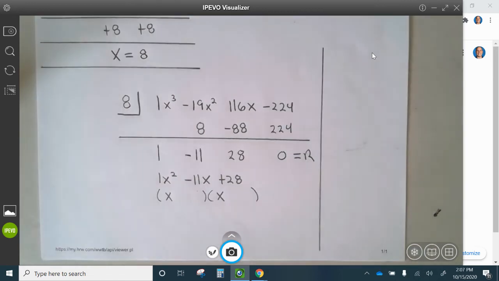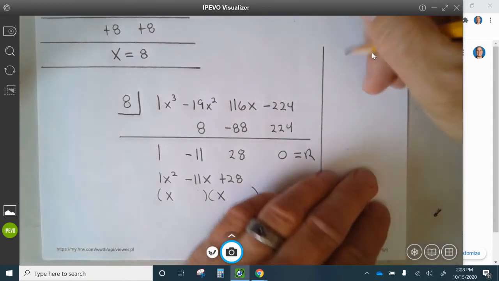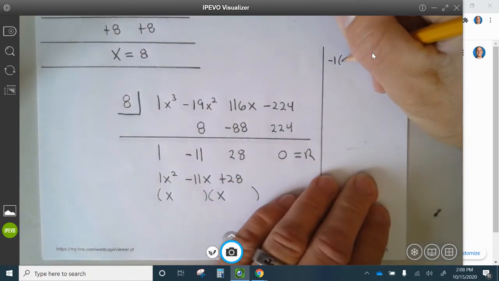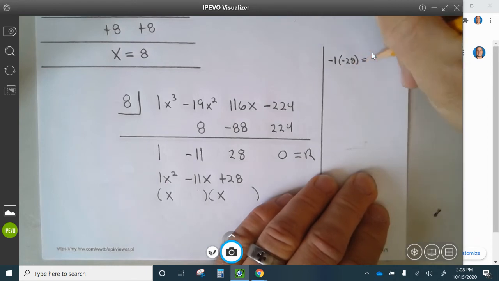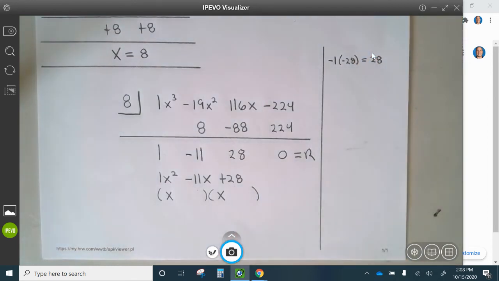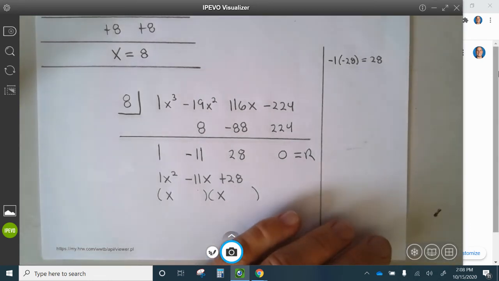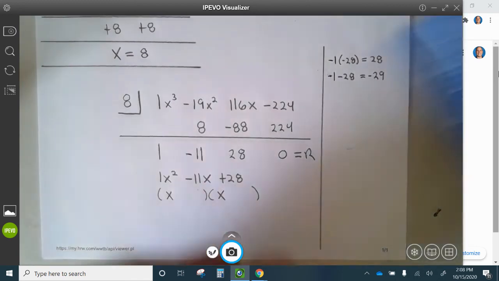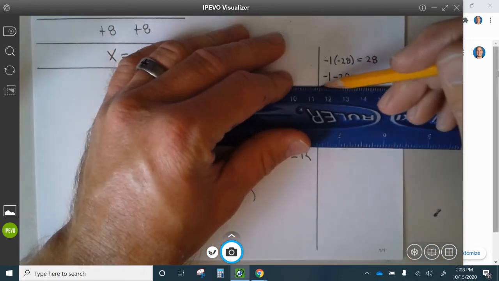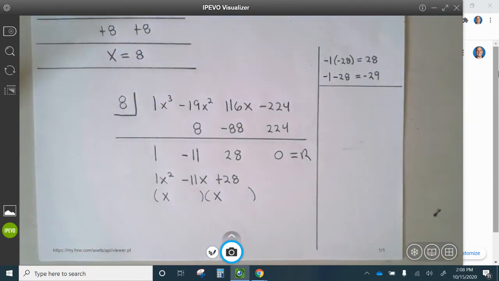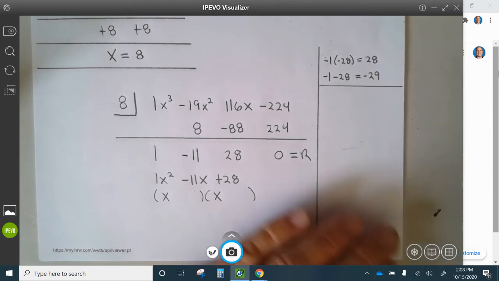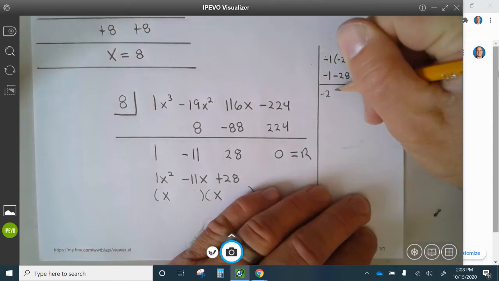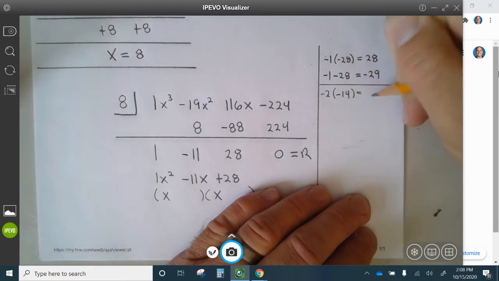Let's think about it. Let's just try -1 times -28. Well, we know that equals 28. But -1 minus 28 combined to be -29, not -11. So that combination doesn't work. I'm just going to go in order so I don't miss one. It doesn't have to be a guessing game. -2 times -14 is a positive 28.